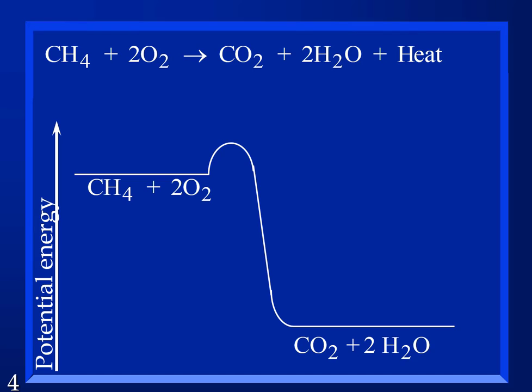So if it releases energy, that means I have to start with this much energy and end with less energy. So I start with this much and I end up with that much. I lost some energy. That energy was leaving. I get heat out of this. So the graph, starting here, ending there, I end up lower. That means I gave it away.